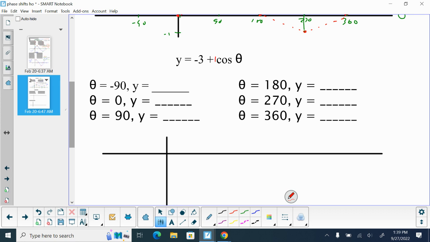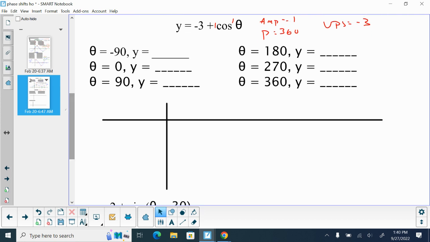So if we take a look at the next one, we still have an amplitude of 1. We still have a period of 360 degrees because we have a b value of 1. But now we have a vertical phase shift of -3. So if I take a look at my graph, we have theta and y.